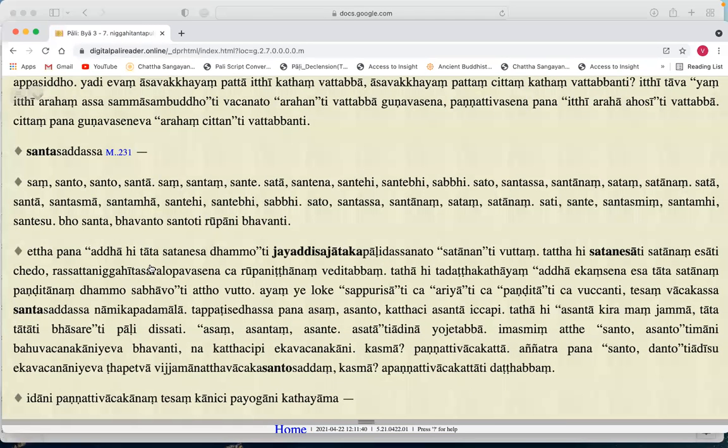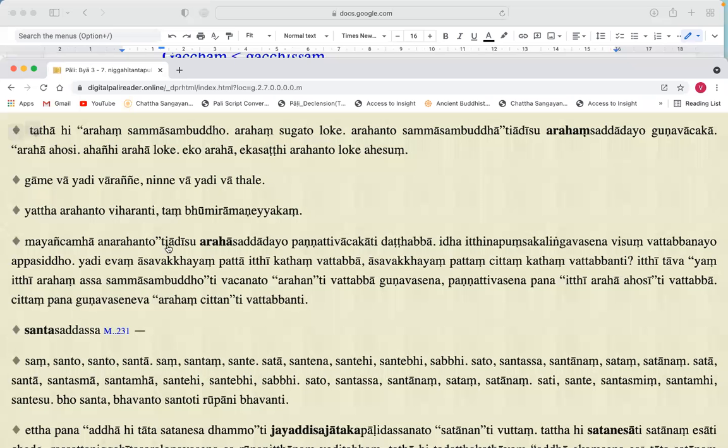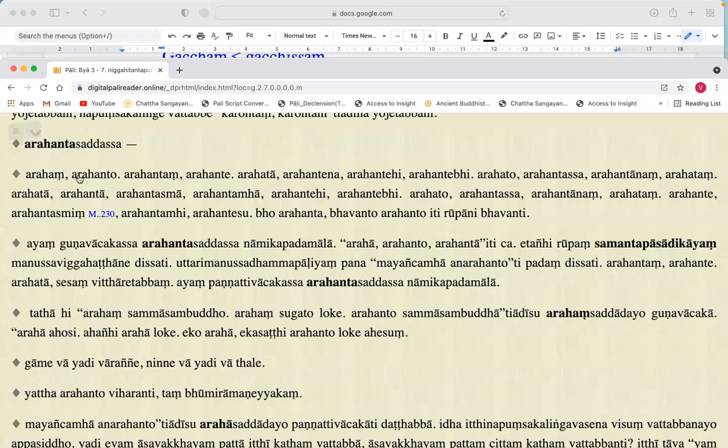But here Sayadaw said Arhanda is only Arhando. So Arhan maybe nominative case singular, but Arhando, that is plural. Arhando, nominative case, and Arhandan, Arhande, that is accusative case, and Arhanda, Arhada, Arhandina, Arhande, Arhandebi, both instrumental.